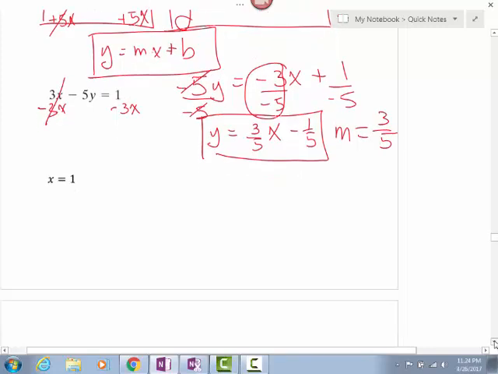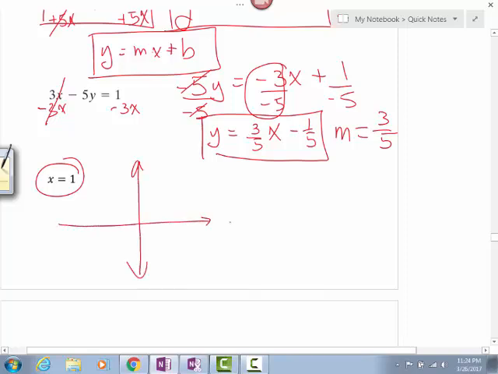Okay, so if you notice my equation here, it's just x equals 1. So what I want to remind us of is, what would the line x equals 1 look like? So if I were to just make a quick XY axis here, so there's my X, here's my Y, 1, 2, 3, 1, 2, 3, 1, 2, 3, 1, 2, 3. Let me get a different color for my pen. Let's go with green.